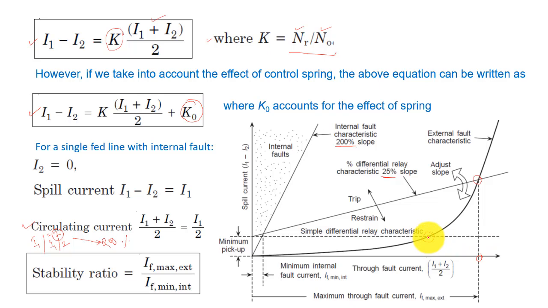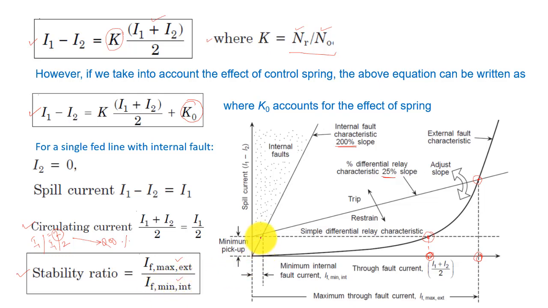For a simple differential relay, the through fault current is less as compared to the through fault current observed in the case of the percentage differential relay. That is here, so it is greater as compared to the simple differential relay. Therefore your stability ratio has been improved, because it is the ratio of IF maximum external to IF minimum internal.